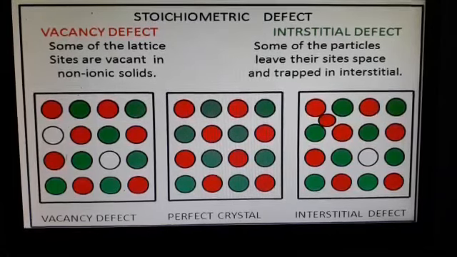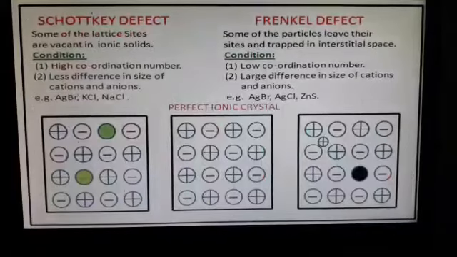In ionic solids, these two defects are known as Schottky defect and Frenkel defect. So let's see Schottky defect. In ionic crystals, if some of the ions are absent from the crystal, it is known as Schottky defect. To maintain electrical neutrality, the total number of leaving cations should be equal to the total number of leaving anions.